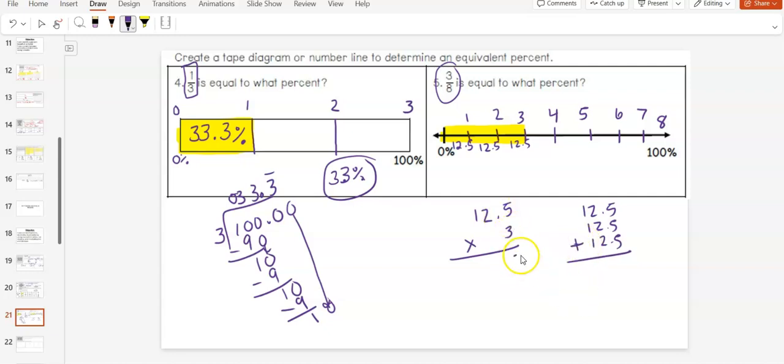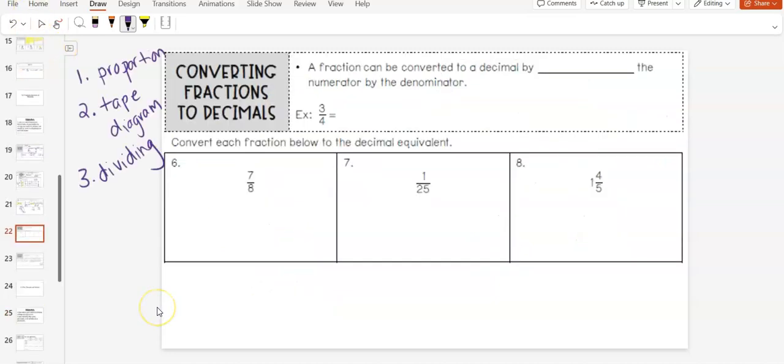Okay, I'm going to go ahead and multiply because I think that's a little bit faster. So this is going to be about 37.5%. 3/8 is 37.5%.